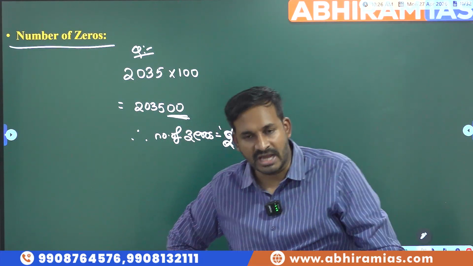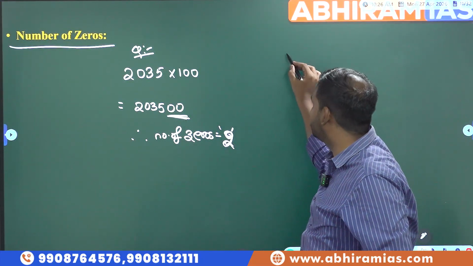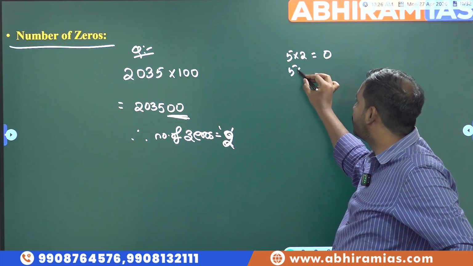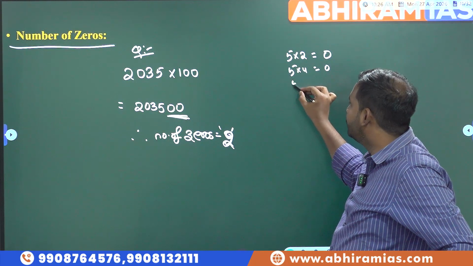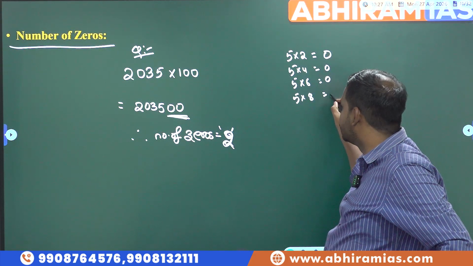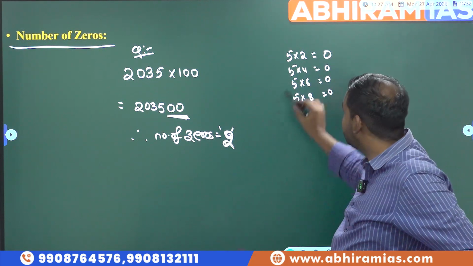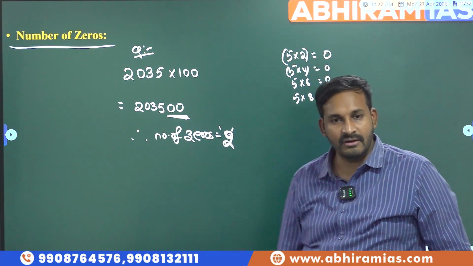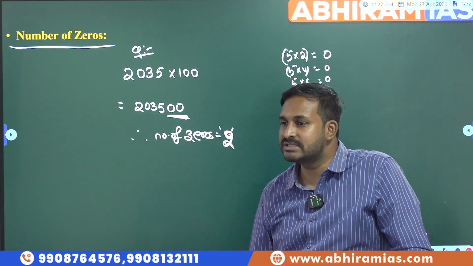So, even digit means each and every 5 into 2, I will get 0. 5 into 4, I get 0. 5 into 6 also I will get 0. 5 into 8 also I will get 0. So that means indirectly a pair of 5 and 2 will give us a 0, students.